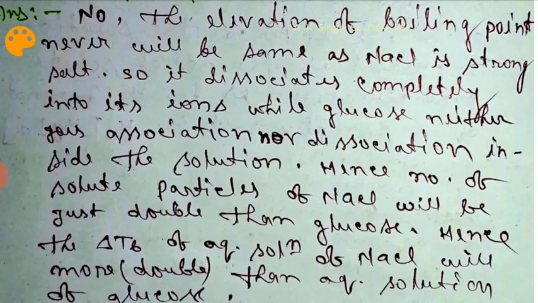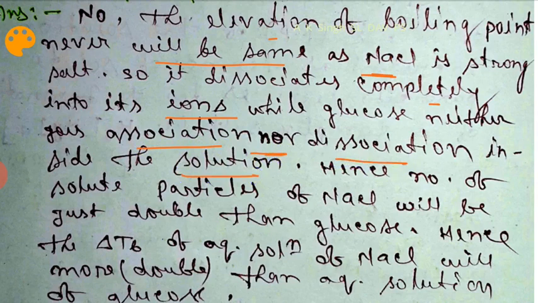Answer: No, the elevation of boiling point will never be the same. Means the elevation of boiling point in both solutions, one NaCl, other glucose, will not be the same, as NaCl is a strong salt, so it dissociates completely into its ions, while glucose neither goes through association nor dissociation inside the solution, and hence the number of particles remains the same.